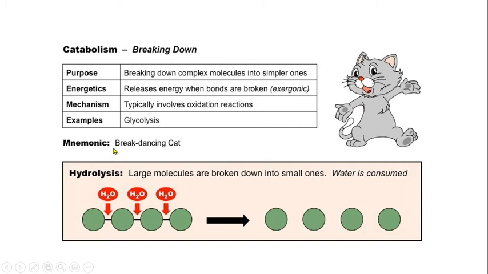Break dancing cat, because we are breaking down complex molecules in catabolism. So also in this picture, an example is hydrolysis, where large molecules are broken down into small ones. Water is consumed. So you see, we're just breaking this long chain into smaller ones.